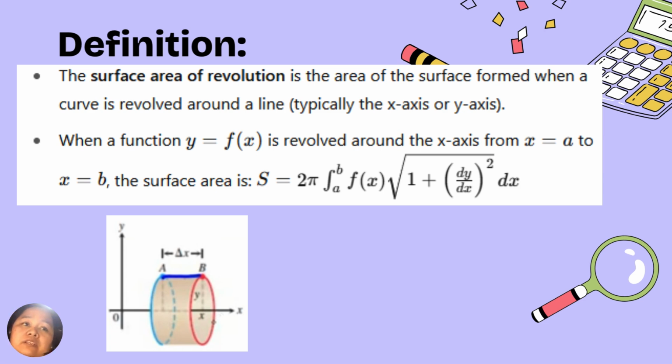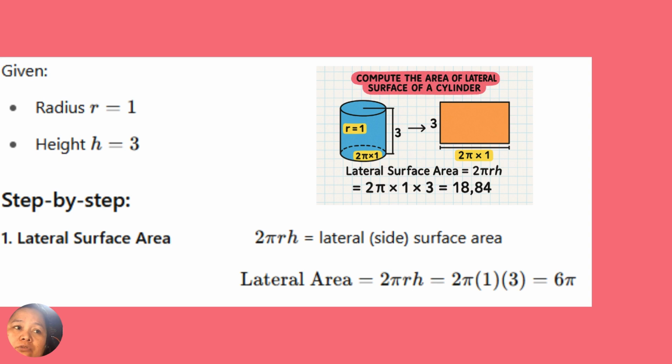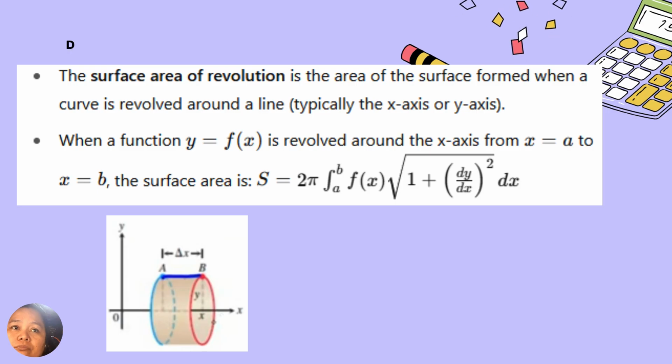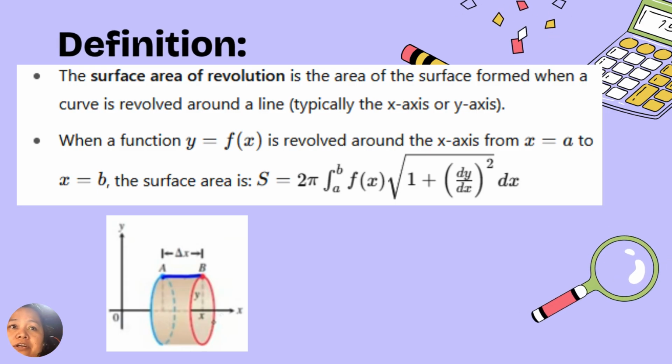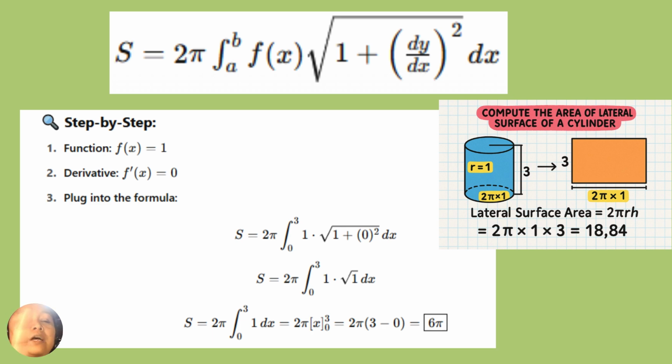Okay. So now let's try to solve the area of a cylinder using our formula, the area of the surface of revolution. So the same given, we have the radius of 1 and we have the height of 3. So let's compute. 2 pi, again our radius is 1, which is the f of x.